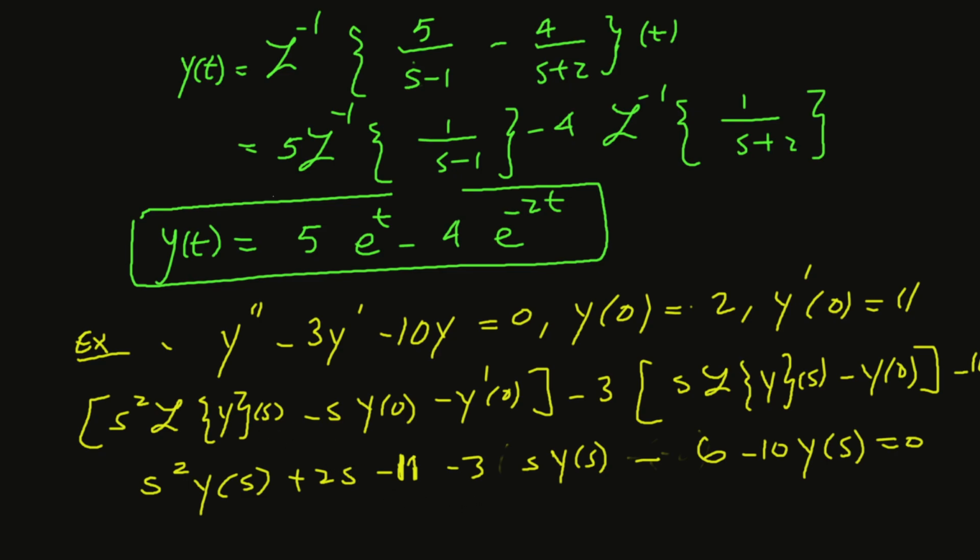And what's next? So then we are going to collect the terms that have the Y of s, and we get s squared minus 3s minus 10 equals negative 2s plus 17.